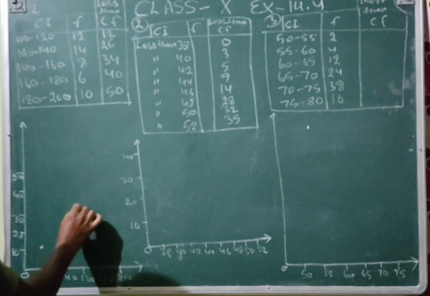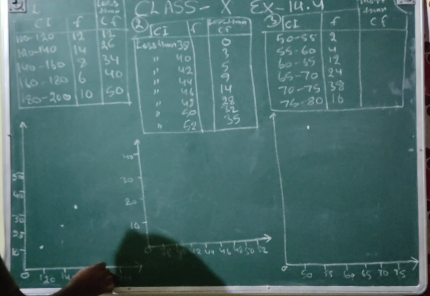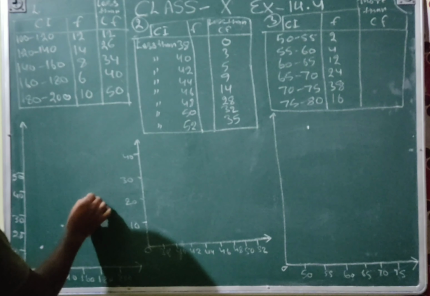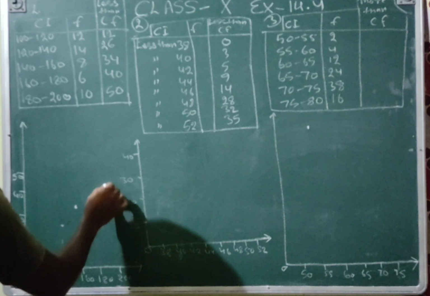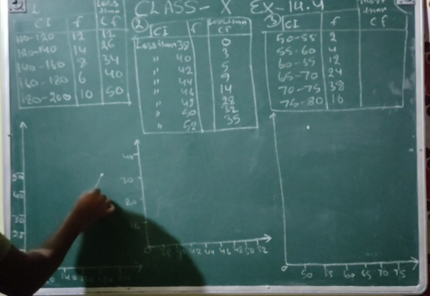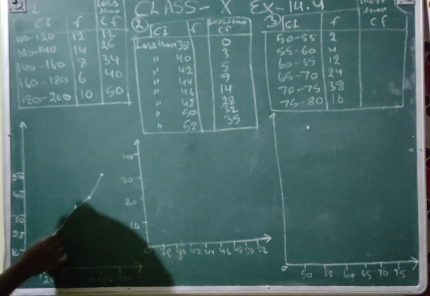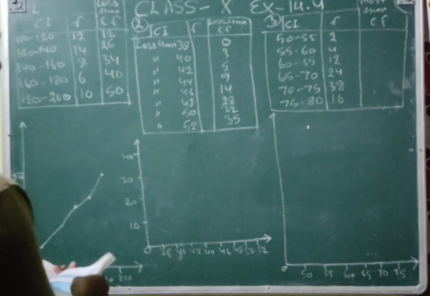And then 180, 40, and then 200, 50, and then you join these points. This is the less than type of ogive.